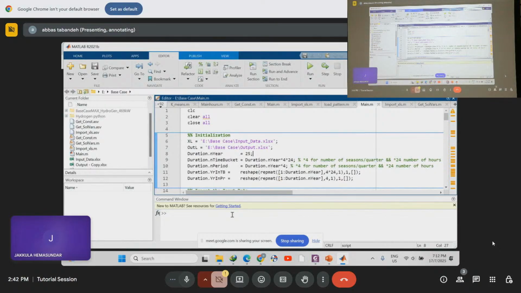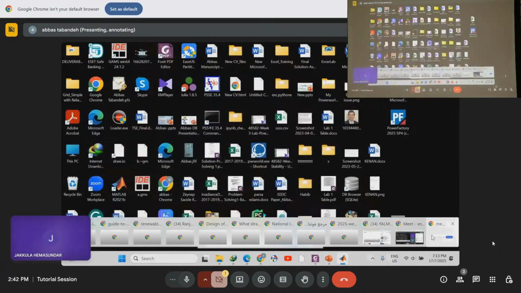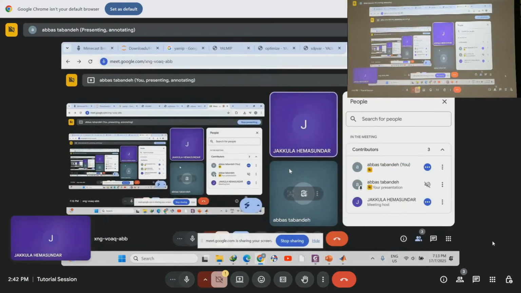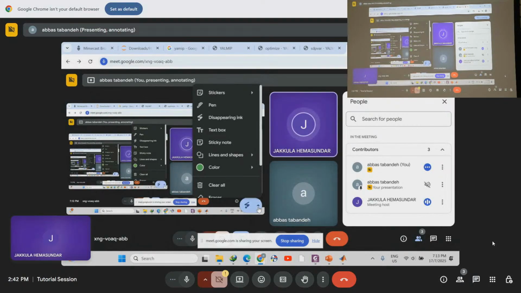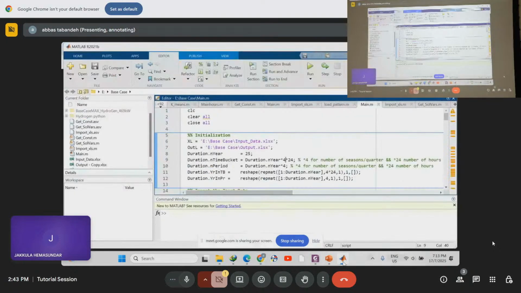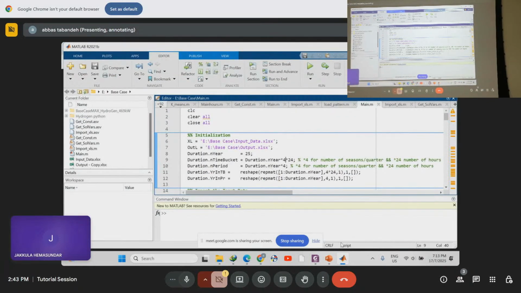Abbas, can you just make it full screen? I think on the top right corner of the screen. This one? No, the screen size. Make it full screen on the top right. No, go back to MATLAB again. I don't know how I can.